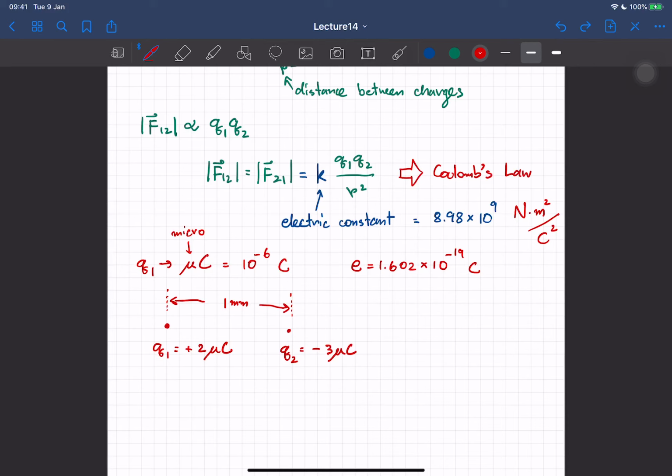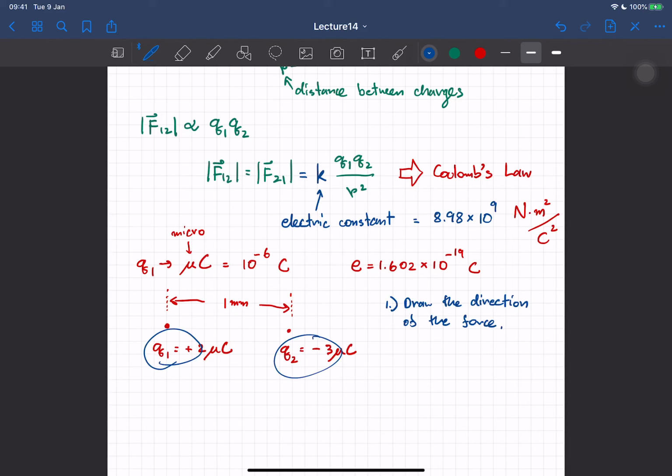So let's do the easy part first. The easy part is step 1: draw the direction of the force. Step 1 is very easy because the only thing you need to care about is whether you have the same polarity of charge or not.